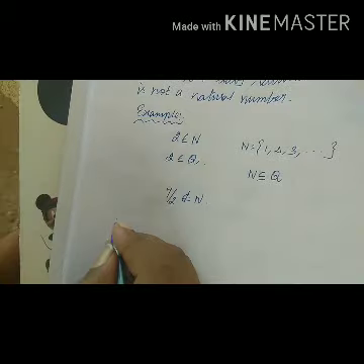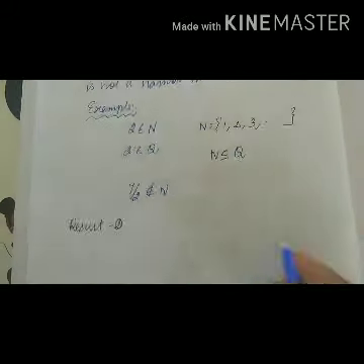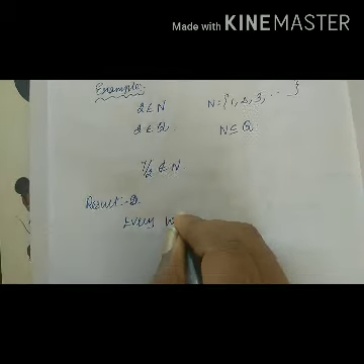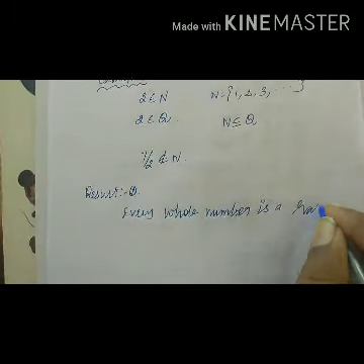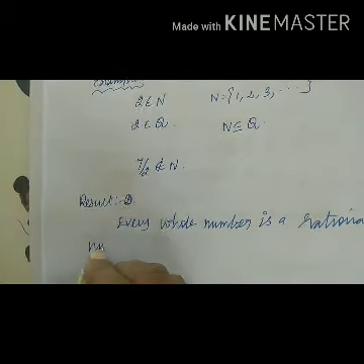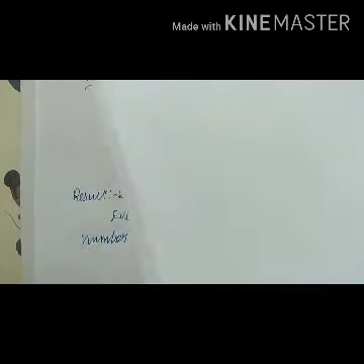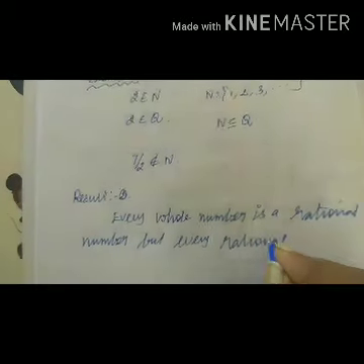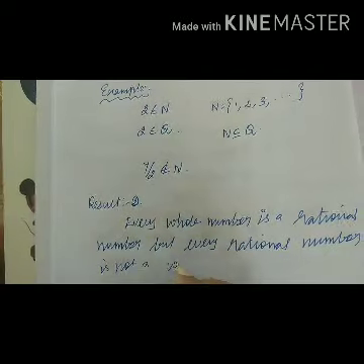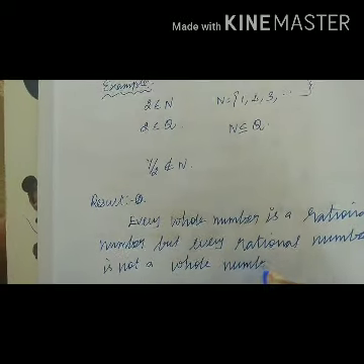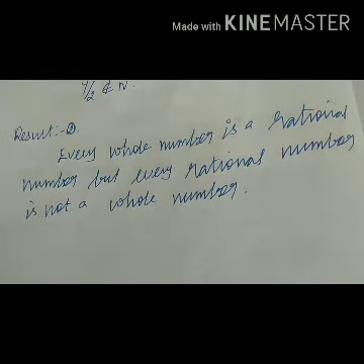And result 2: every whole number is a rational number, but every rational number is not a whole number.